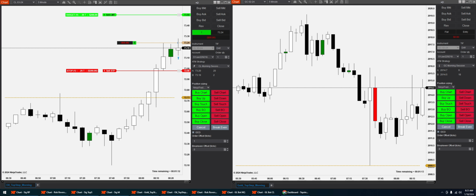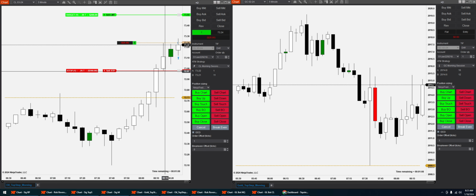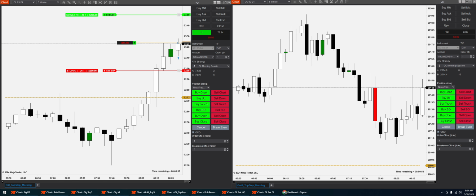So here I'm starting to get a little nervous, just based on we're not getting that thrust that you're kind of looking for in the beginning of a trade, to kind of break out of consolidation. I mean, obviously oil ripped.